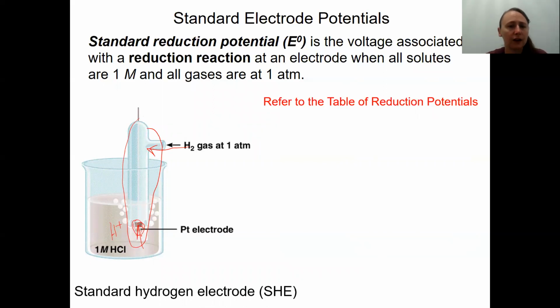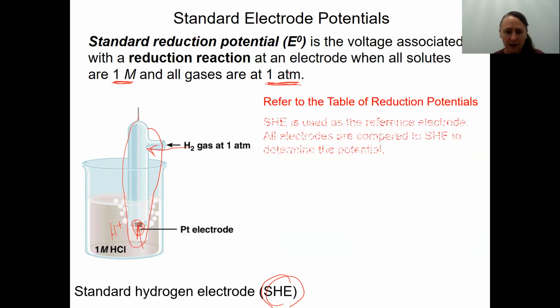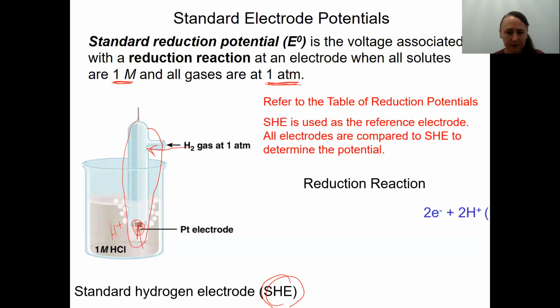And remember, on our redox table that we just covered, everything was compared to hydrogen. So this is the standard hydrogen electrode, also called SHE, and that's what everything is compared to. For it to be standard, we need 1 molar concentrations and 1 atmosphere of pressure. So this is how we get our table of reduction potentials.